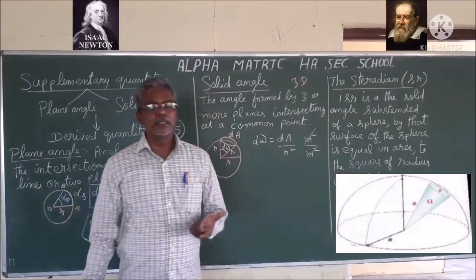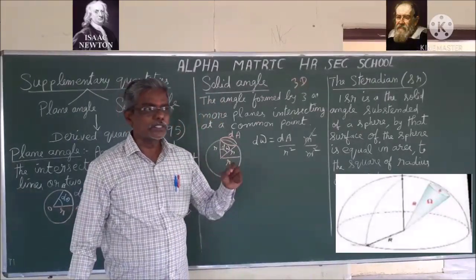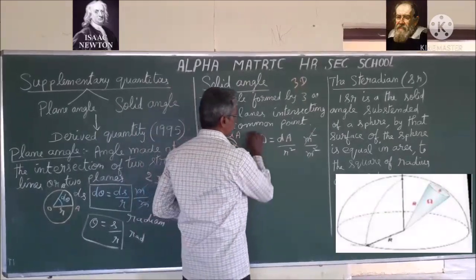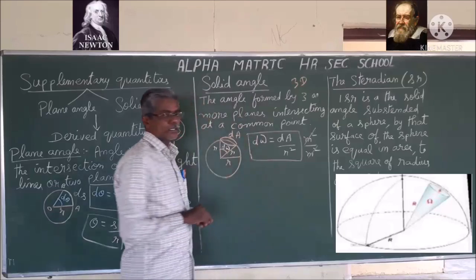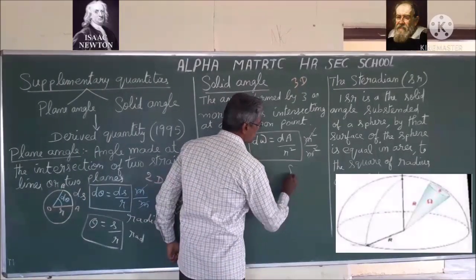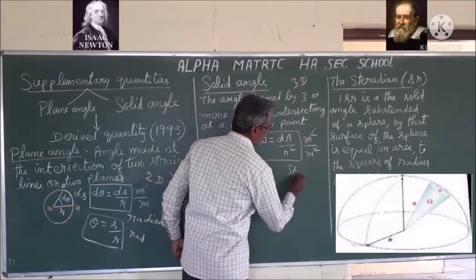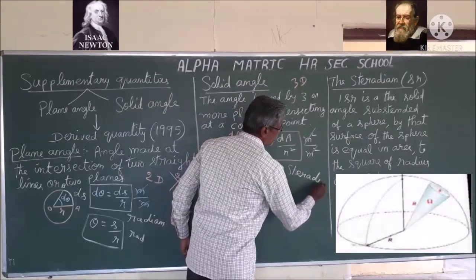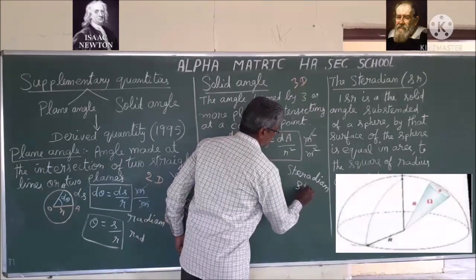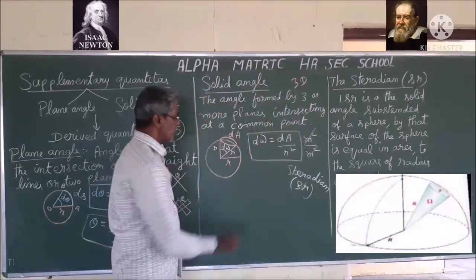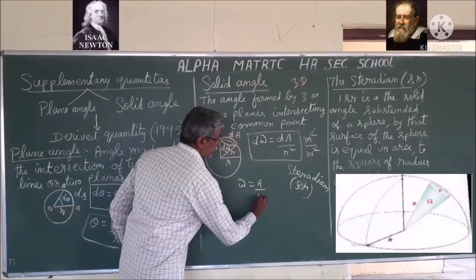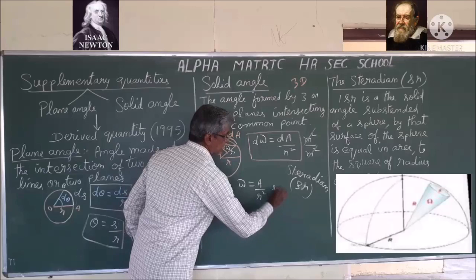But to specify the measurement, we must give a specific name for this ratio. And they gave a name as steradian, and the symbol is SR. So I can write omega is equal to A by r square steradian.